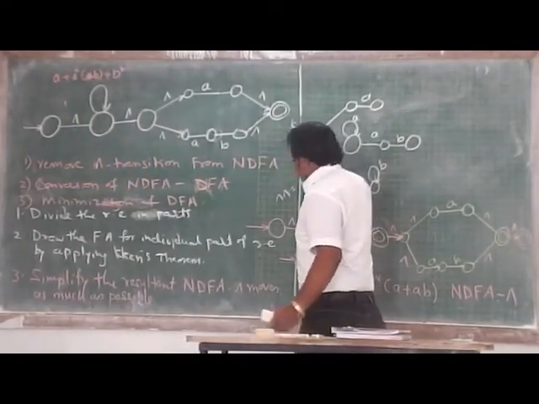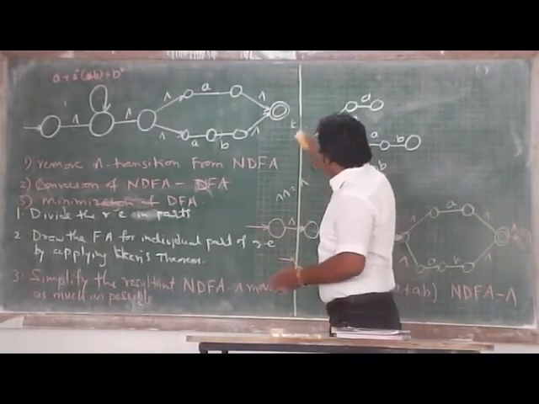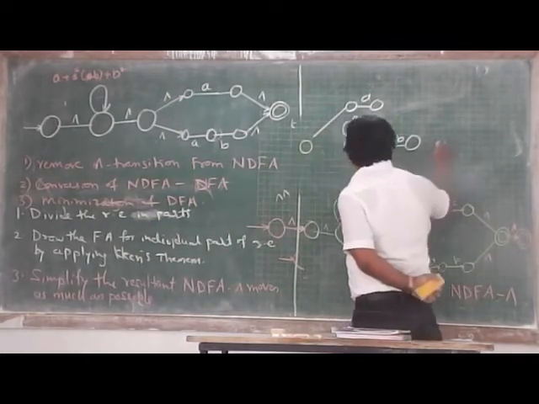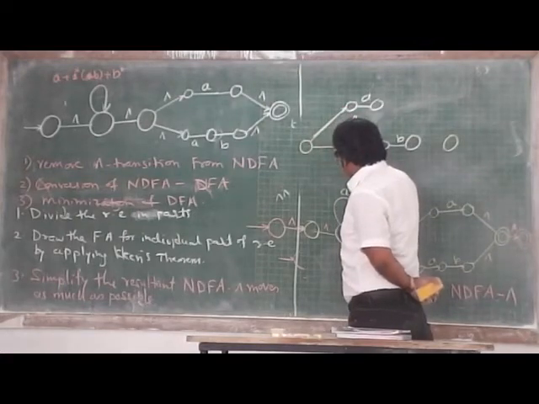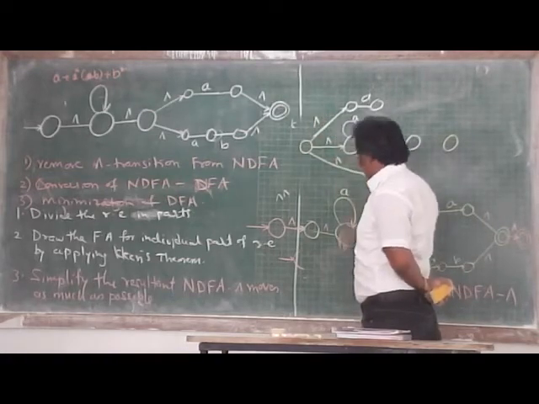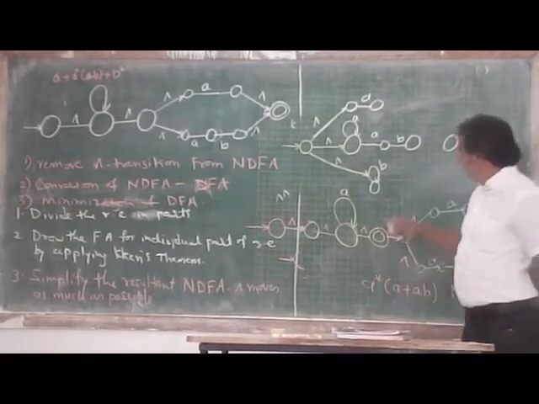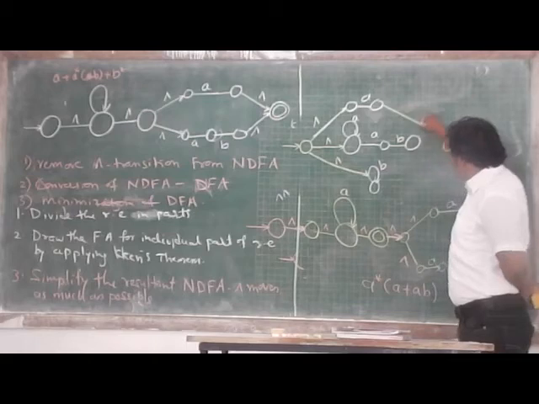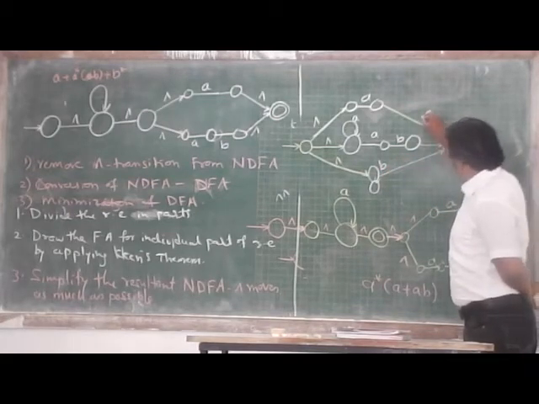You have to consider the initial state here, the final state here, and you just connect all the state by null transition and consider this as a initial state. And combine all these in parallel with the final state. Null.